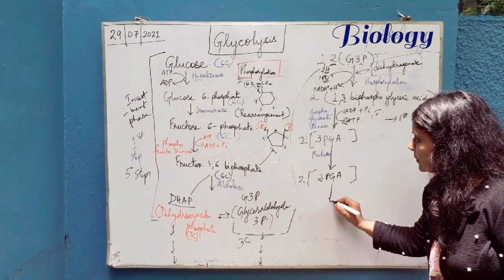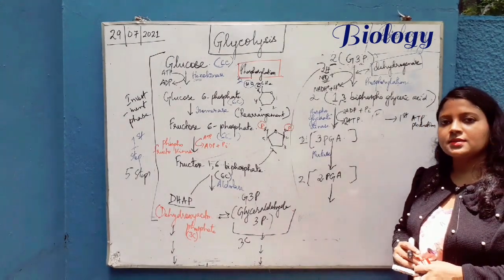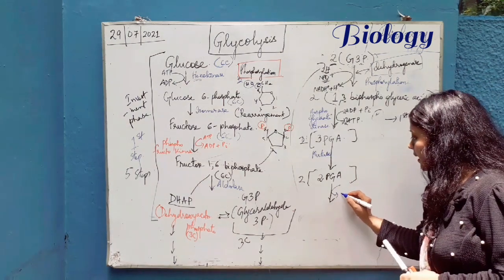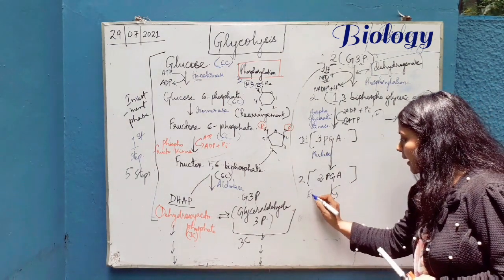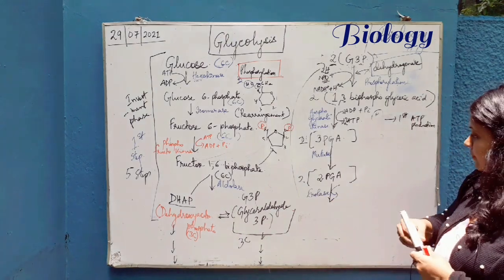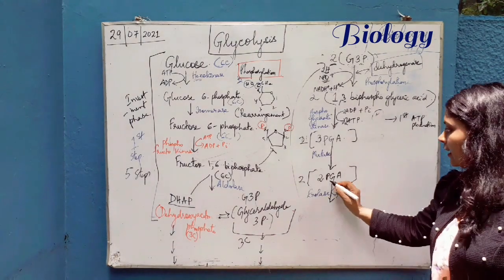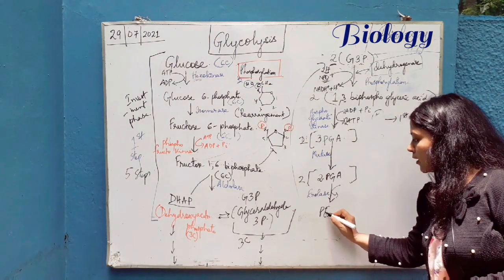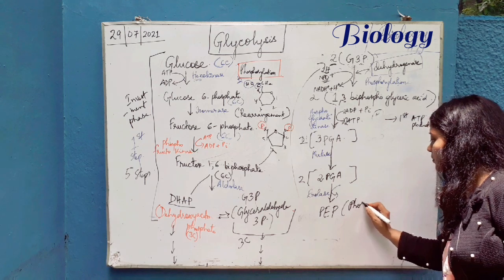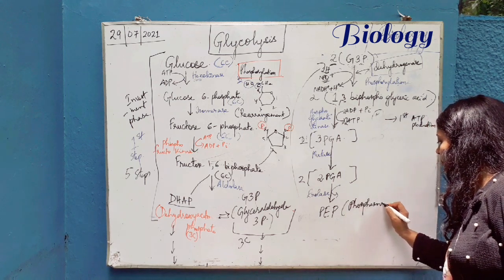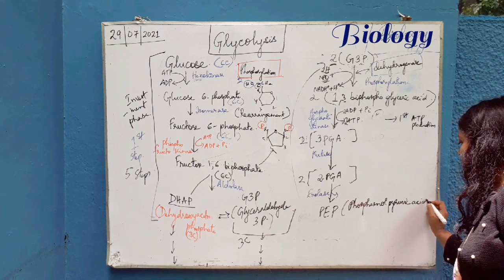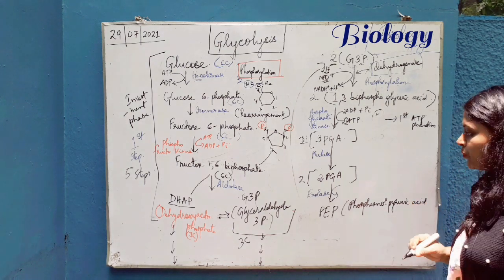Now what is the next step? The next step is with the help of the enolase enzyme. What happens next? Phosphoenolpyruvic acid, PEP, is formed right now.